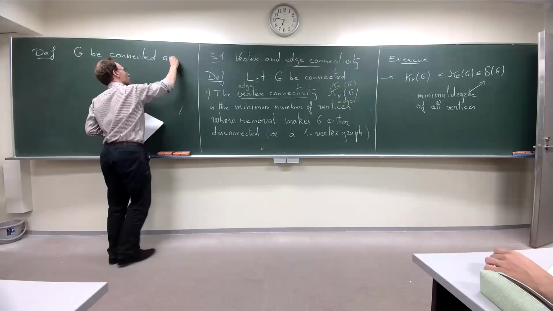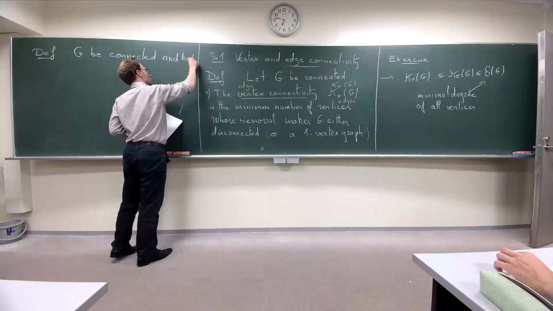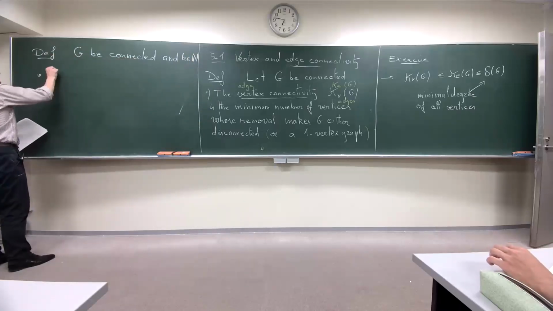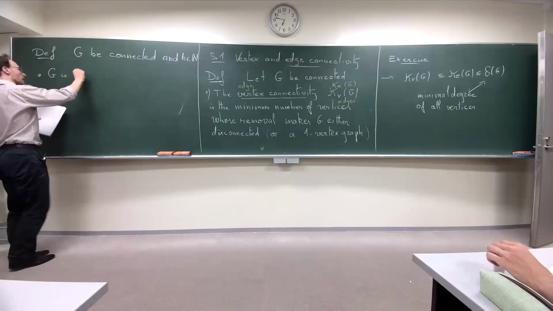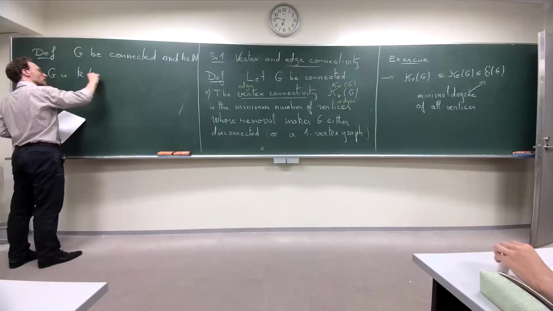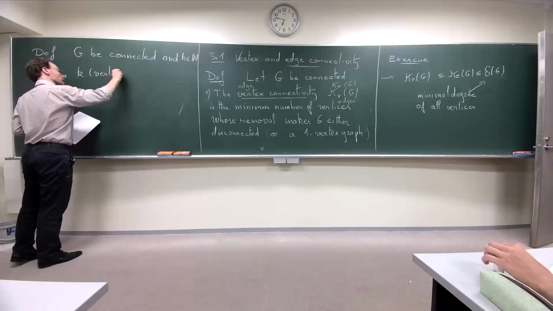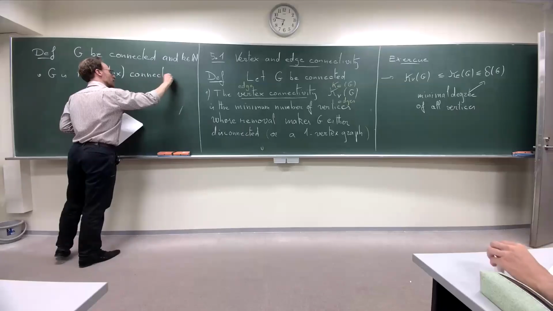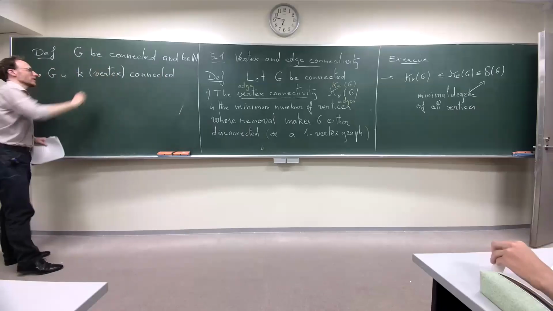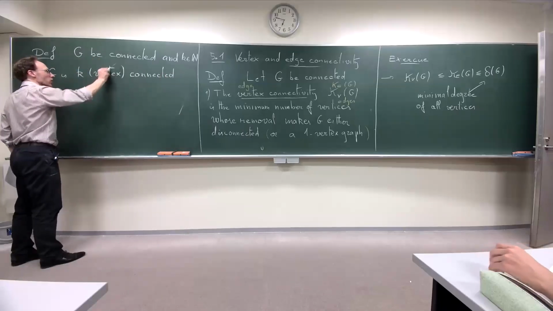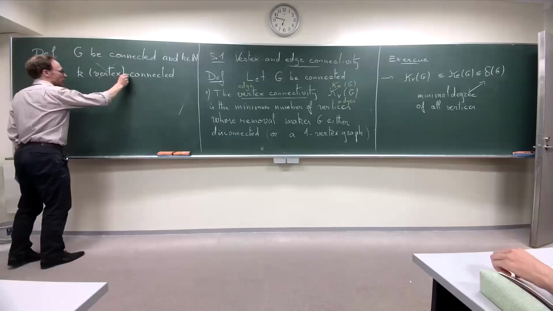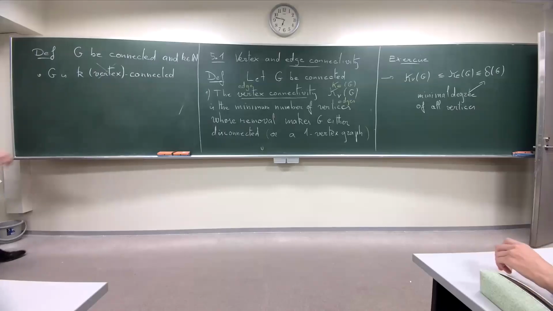When I take a natural number K, we say that G is K (vertex) connected. I put a parenthesis because most of the time we don't mention this. So we just say K connected, but the precise version would be K vertex connected.